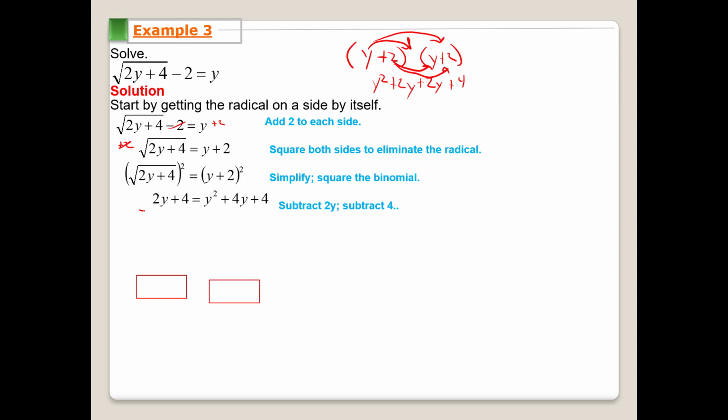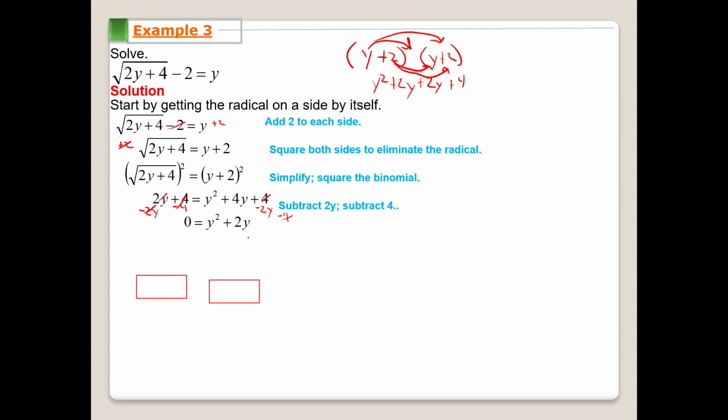We'll subtract the 2y from both sides. And then we'll subtract that 4, in which case these guys will go away altogether. This 4 will go away, and we'll be left with 0 equals y squared plus 2y.